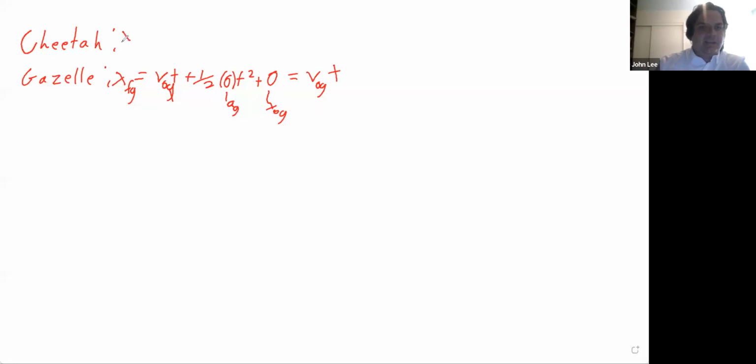And then X final cheetah, we're going to assume the opposite is true, where it doesn't have any initial velocity, but it does have an acceleration.